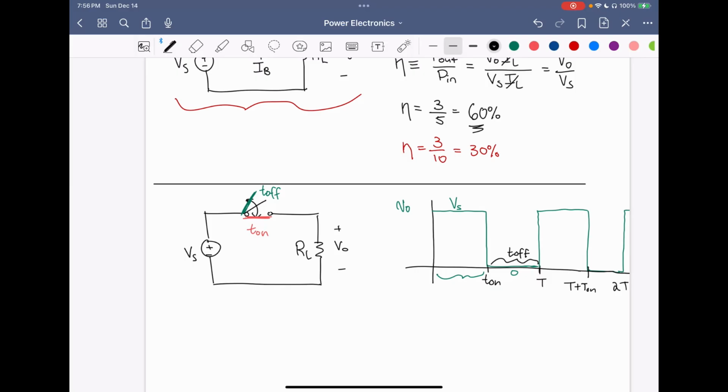Now, what we see here is that the output voltage is a pulsed waveform, but it has a lower DC component.